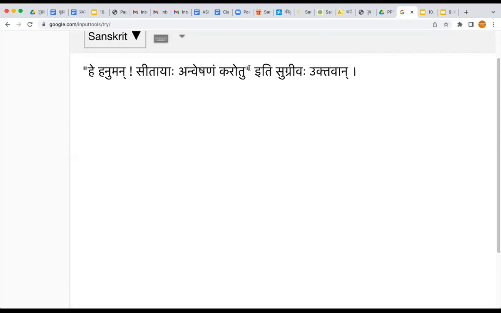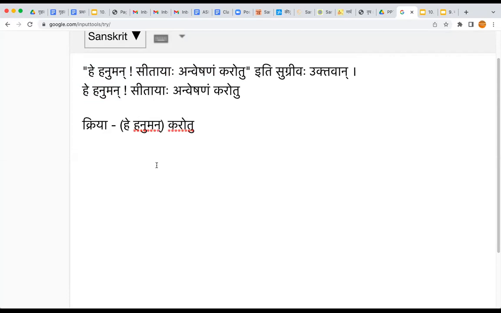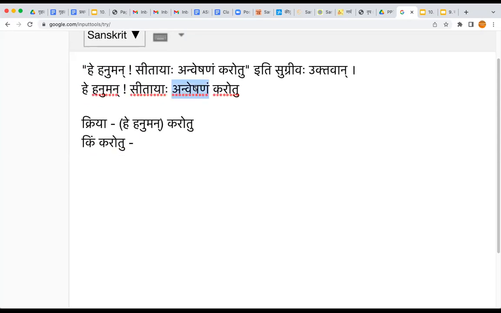If we focus only on this one, karotu is the kriya. Since this is a Sambodhana, Hanuman karotu, we can write it like this, as it is typically written, and then kim karotu, anveshanam karotu.